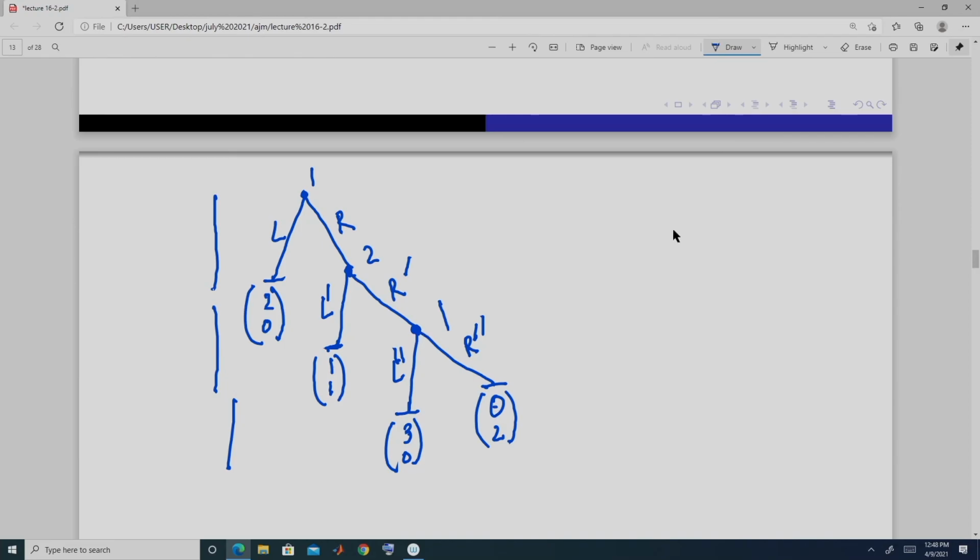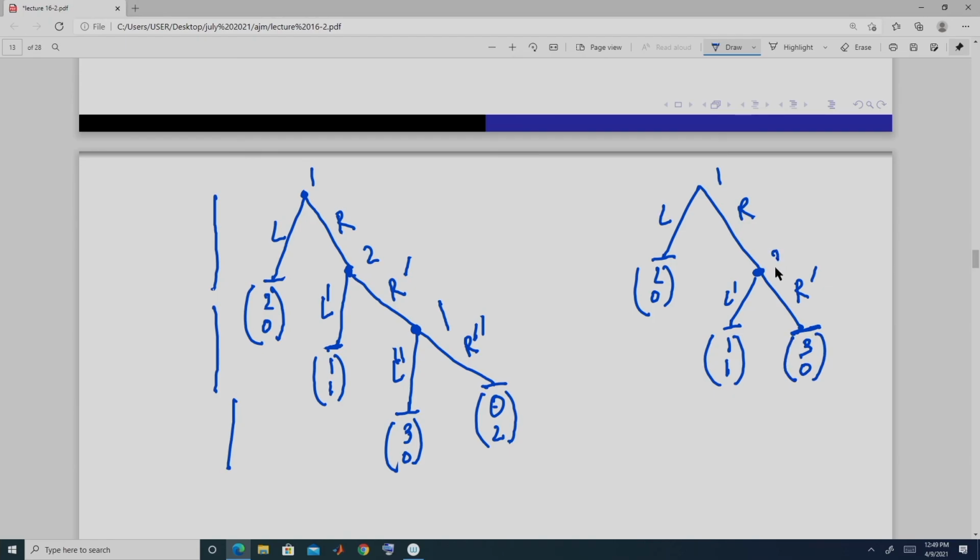So player 1 is going to choose L double dash.